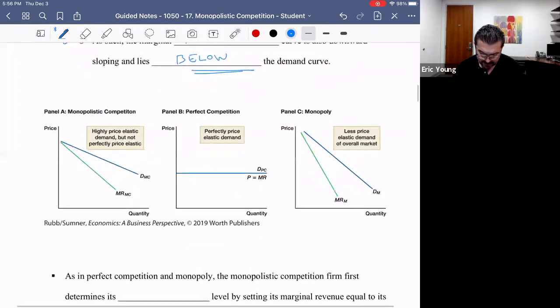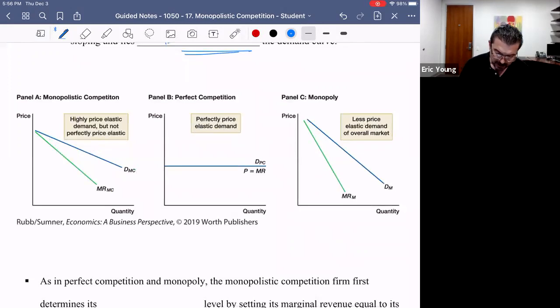Okay, let's expand this a little bit and you can see. Recall that under perfect competition in panel B, we'll start with that one. That was our first structure. We learned that the individual firm is the price taker. So they're going to have this perfectly elastic, perfectly horizontal demand curve.